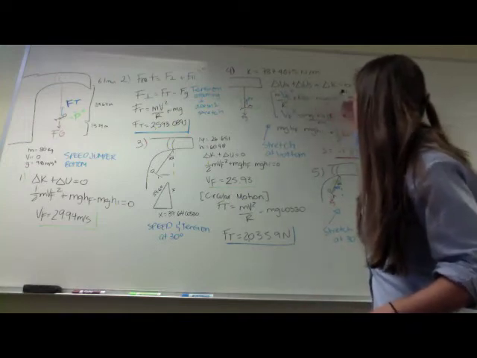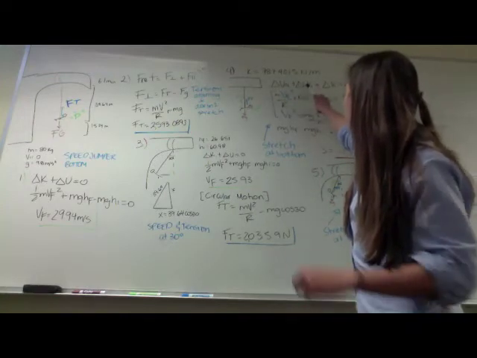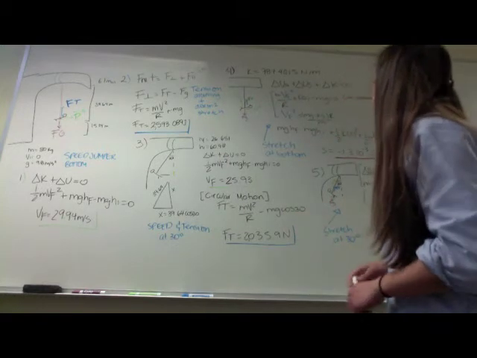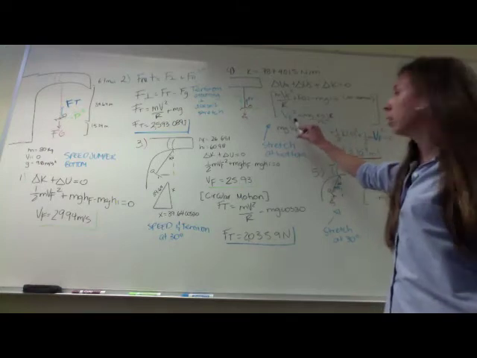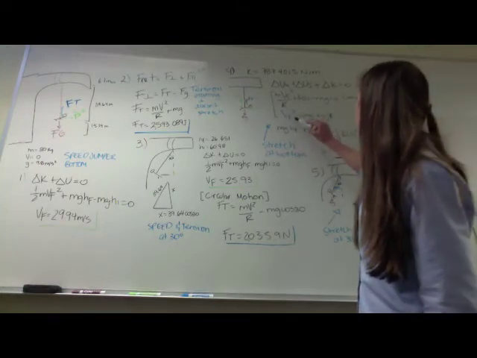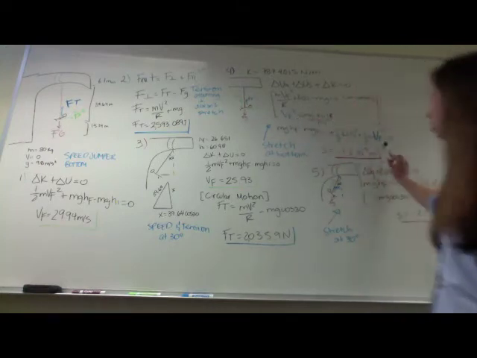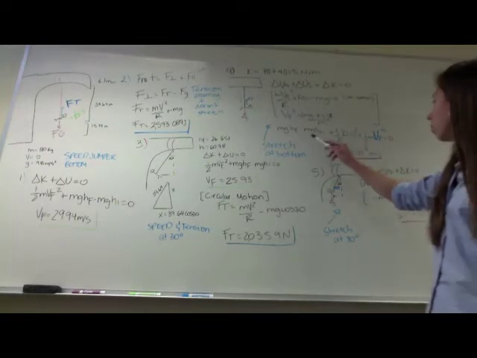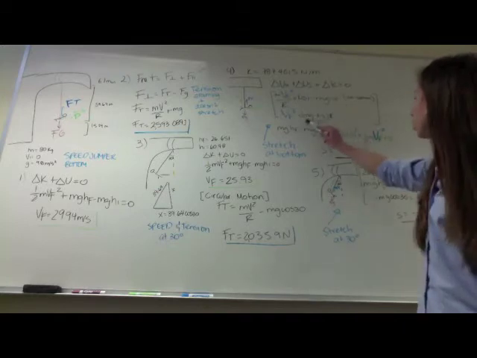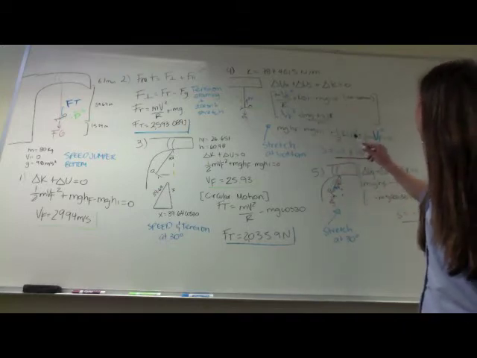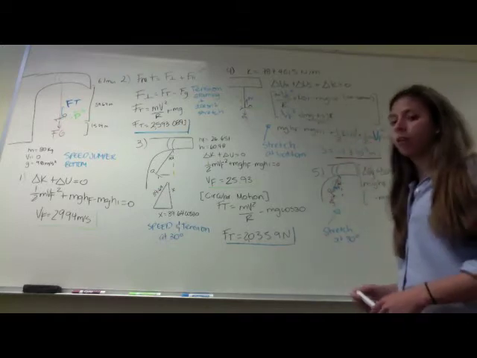I used the energy principle, but now including the delta U of the spring. Then I used the circular motion equation to get the formula for V final, which we don't know. I plugged this into the equation, and we already have mass, distances, and velocity, so we can get the stretch of the cord.